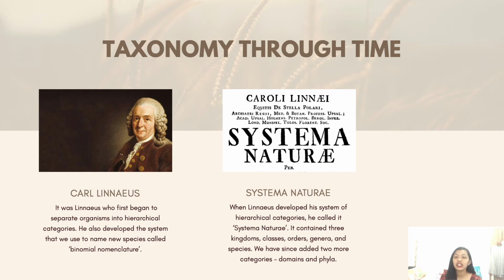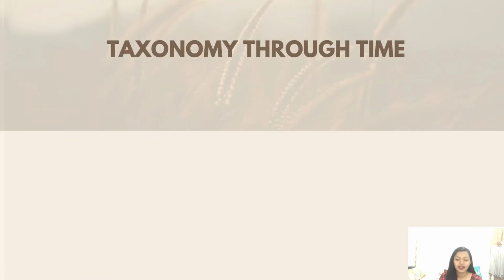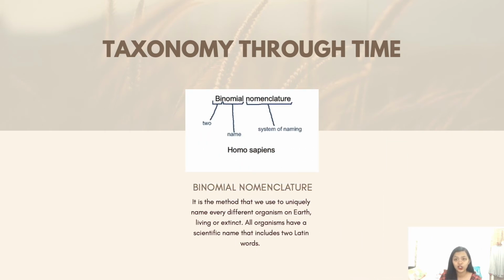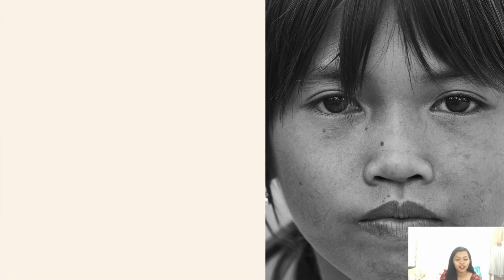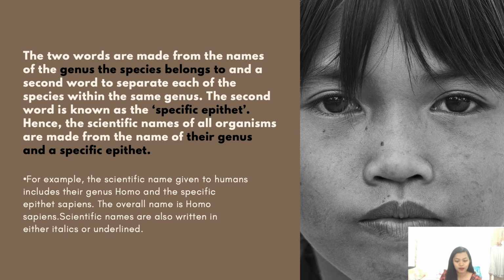It contained 3 kingdoms, 3 classes, 3 orders, genera, and species. We only added 2 categories, which are the domain and phylum. And then the binomial nomenclature is the naming system created by Carl Linnaeus. How do we name a specific organism?